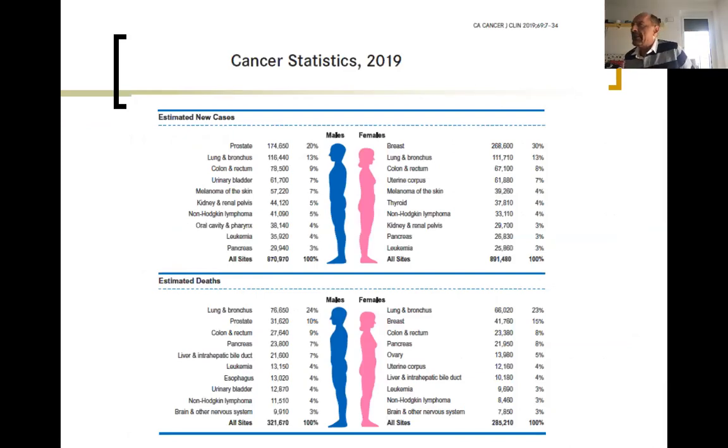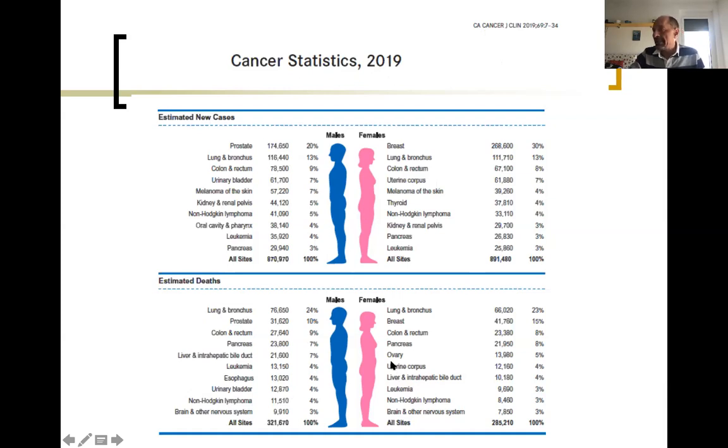We have seen already in the plot for the stem cells what the most common cancers are, but of course this depends on the habits. These are the United States in 2019. This is a paper that is published every year in a journal called CA: A Cancer Journal for Clinicians. In 2019, these are the new cases. So this is the incidence of cancer, and this is the mortality.